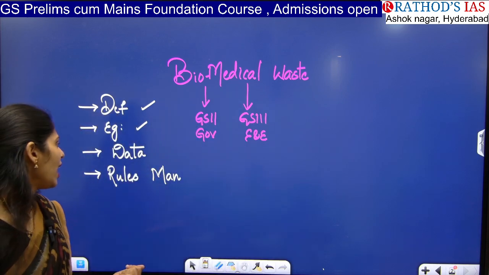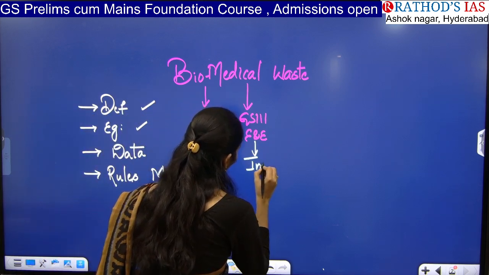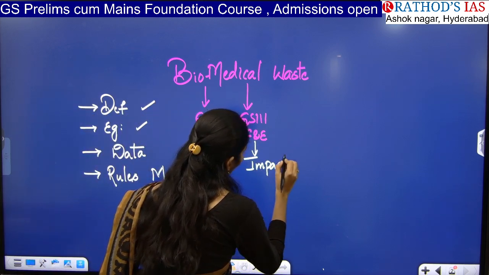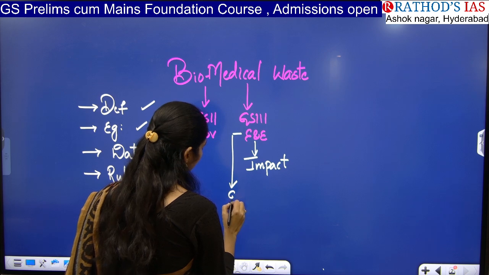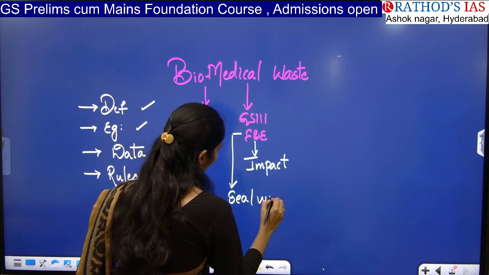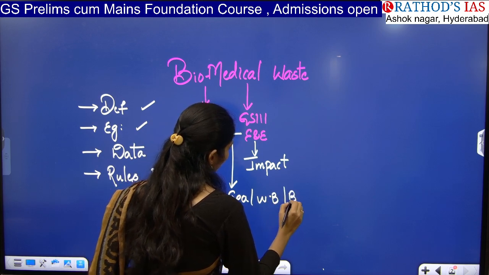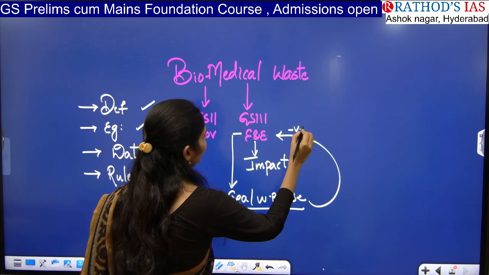Okay, and even you have to see what will be the impact on the environment. For example, whenever we are dumping this waste near a sea or near a water body or near a beach, then what happens? It will obviously have a negative impact on the environment.